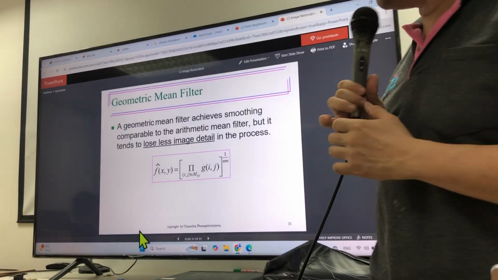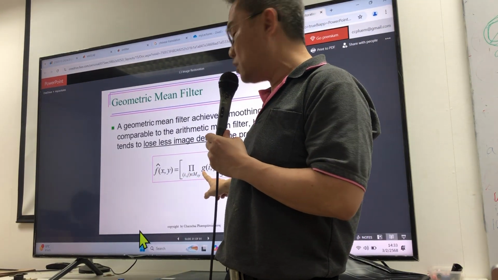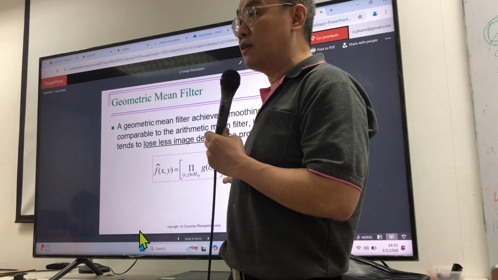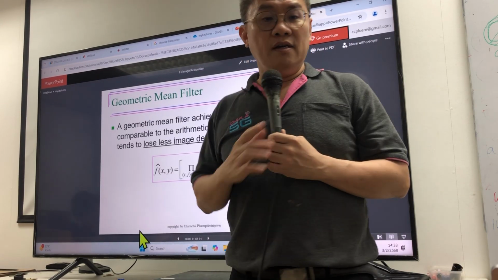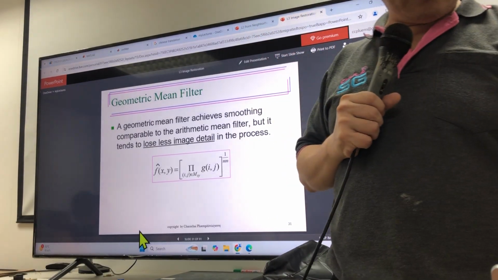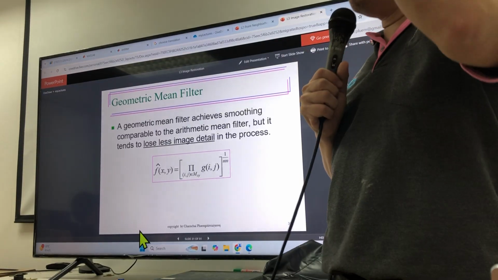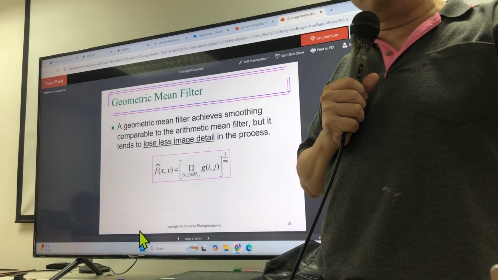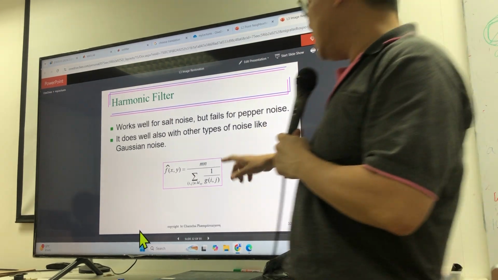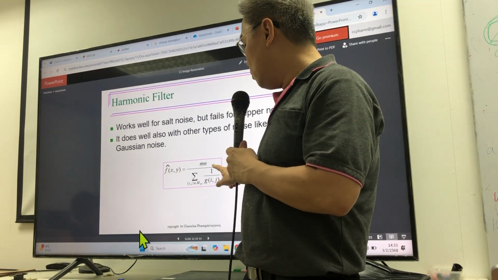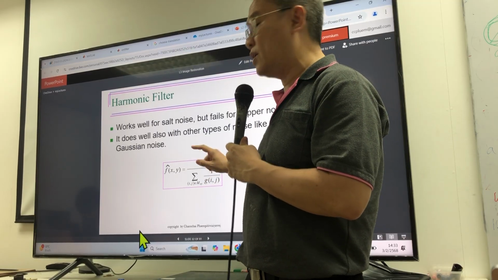The equation for geometric mean is you multiply every single pixel within the window and then take the mn-th root of it. Just do the experiment. If you have arithmetic mean you can have geometric mean, and then you can have harmonic mean. Harmonic mean is the summation of 1 over g, and then divide by the number of pixels.